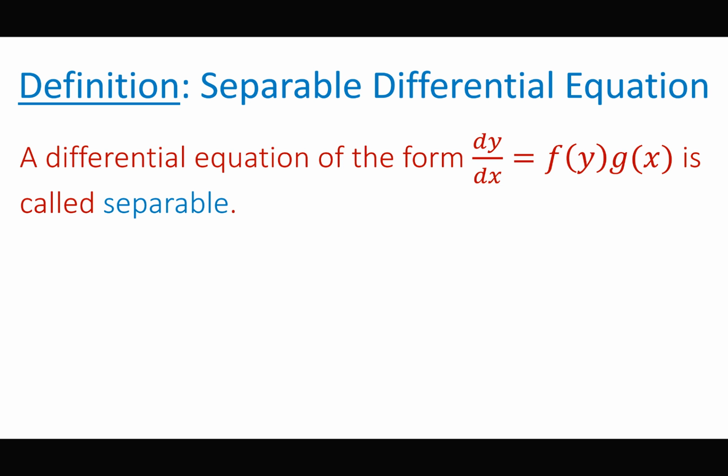So there's kind of a lot going on with this. dy dx equals f of y times g of x. So we have two equations, an equation f in terms of y and an equation g in terms of x.